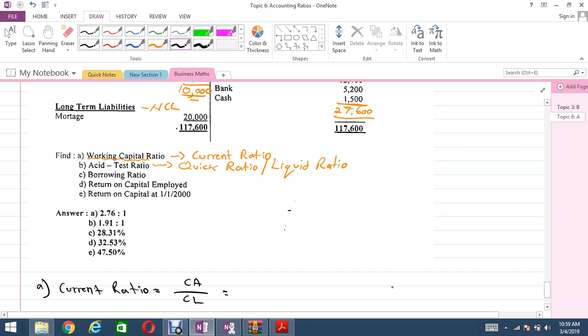Net worth is equity. But you have the formulas there, right? How to calculate the net worth.